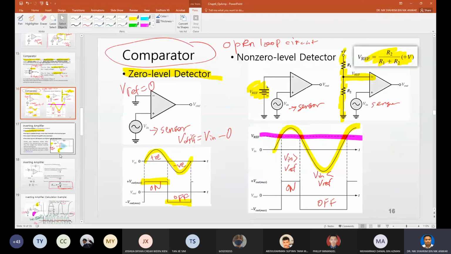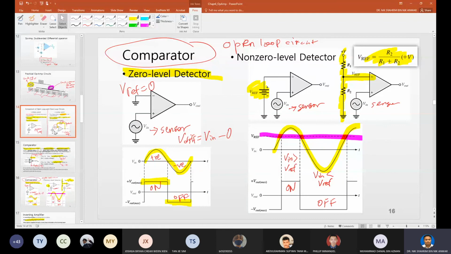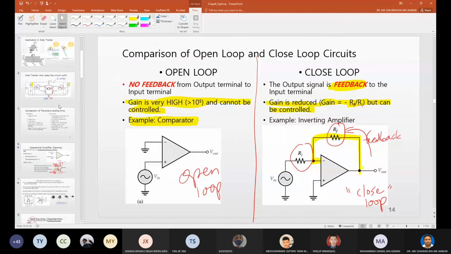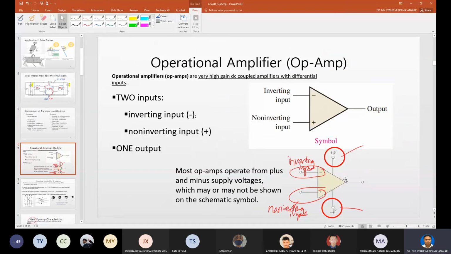For example, as I explained earlier, this one will serve as the positive V saturation, and this one will be the negative V saturation.